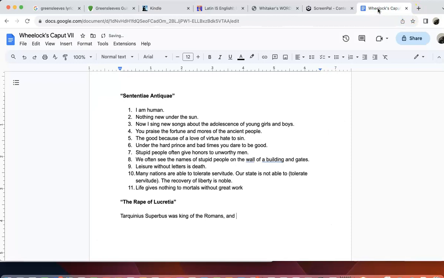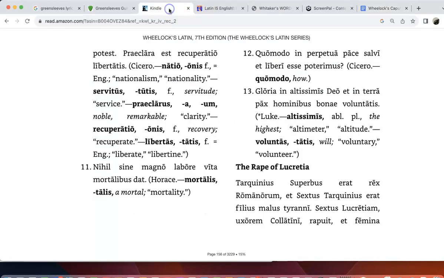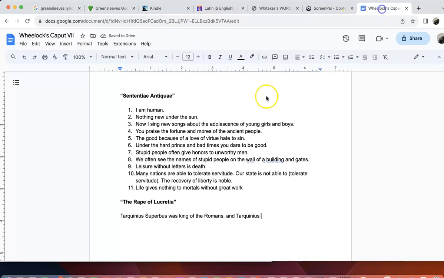And Sextus Tarquinius was the, you could even say wicked son, but we'll just say bad son of the tyrant.